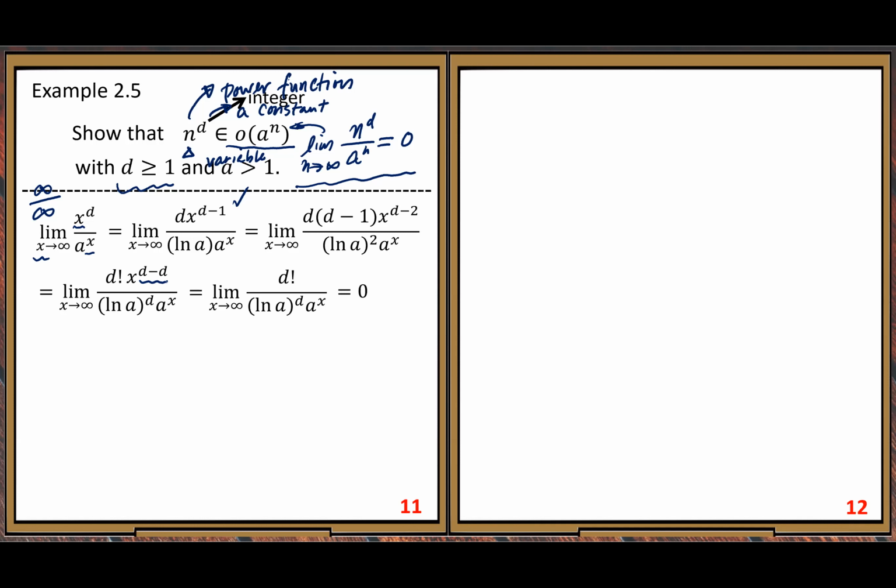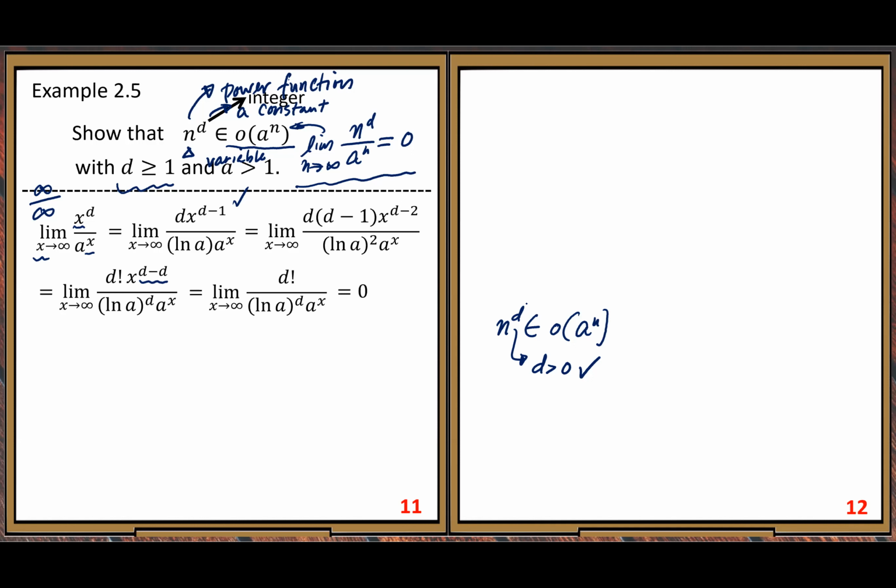When we use it, we assume n to the d belongs to little o of a to the n, but that d could be any positive d, even non-integer is fine. But in my homework questions, I give you positive numbers, for simplicity.